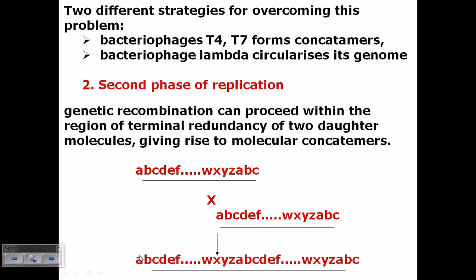So this from A to this Z is the necessary gene set to be encoded and packaged inside a head, and from this A to this Z again is ready to be packaged in another head. So they form this kind of long, similarly attached genome, multiple genome attachment.